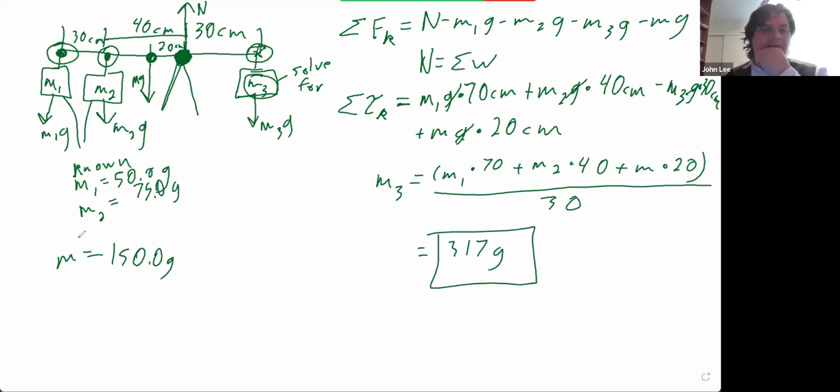So yeah, sorry about that. That was a major oversight on my part. But if this type of problem does come up on the test, you will have to account for the mass of the meter stick.